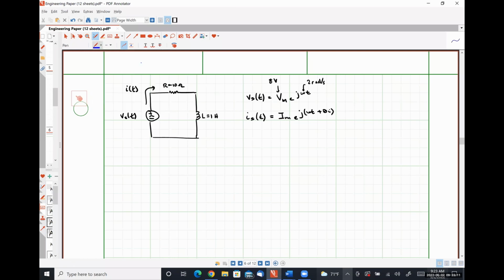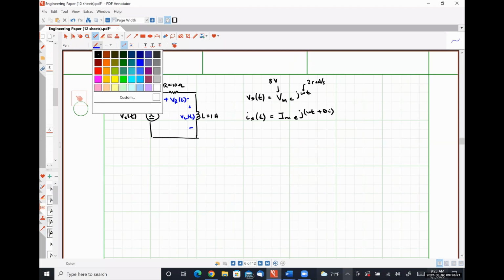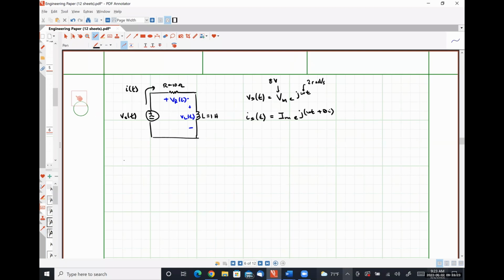I'm going to call my voltage drops the same as I did before, VR and VL, and I'm going to apply KVL like I did before.